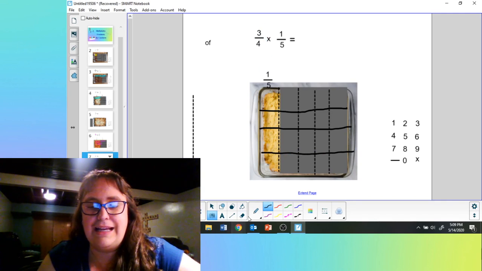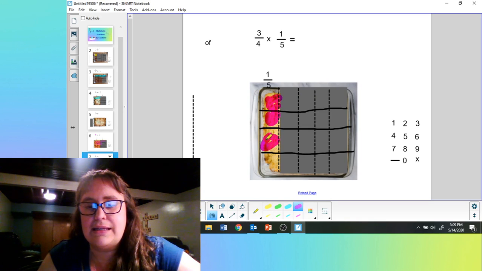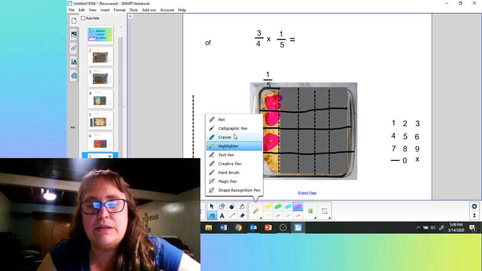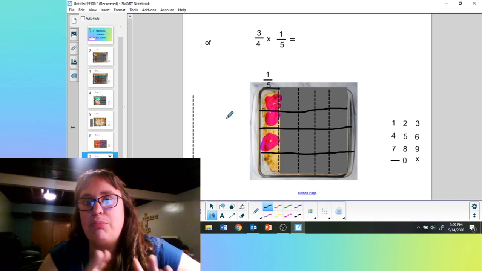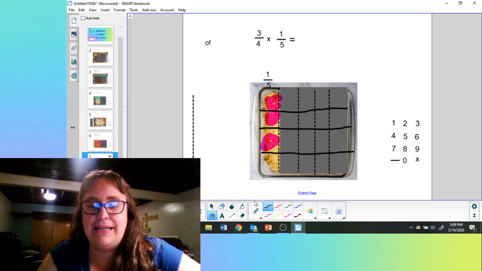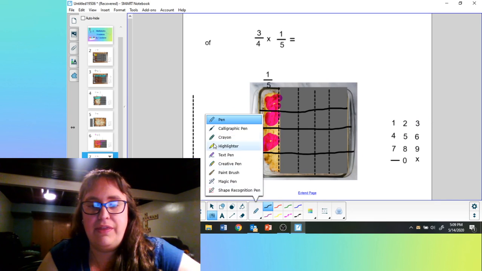And of those, I get to eat 3 of them. So I get this one. Again, nothing here on the empties. We only cut it so that we could have the same piece sizes. And 3. Right? So again, we're asking ourselves of the original pan, how much did I get to eat? So take a look then again.